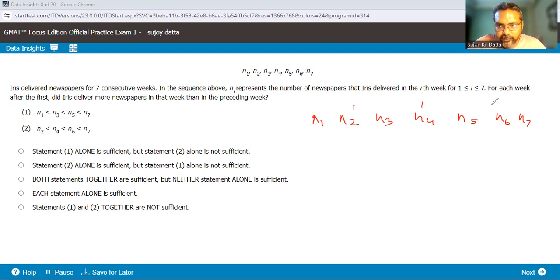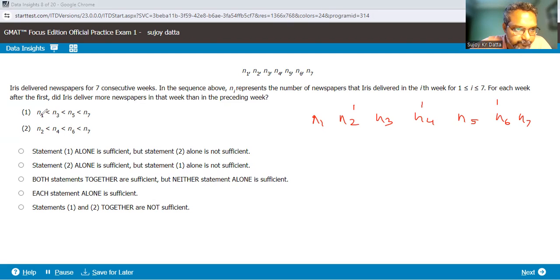N2, N4, N6, and N7. So N2 is, let us say, 2, 5, whatever, let's say 7, 9. Here, is N2 more than N1? Can't say. N4, is it bigger than N3? We can't say, this could have been 10, for example. So not possible.